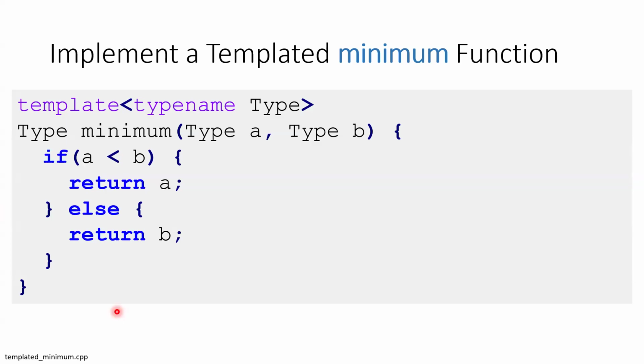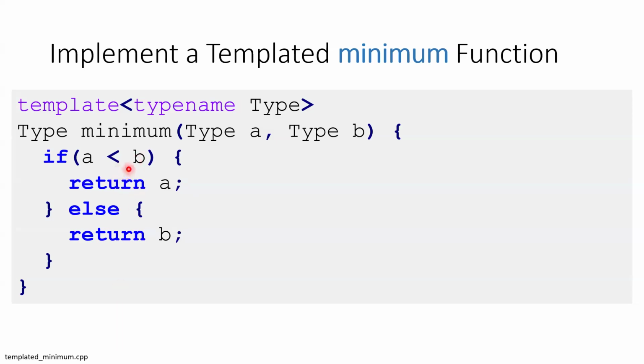So when will this function compile? Yeah, it will only compile when A and B can be compared.